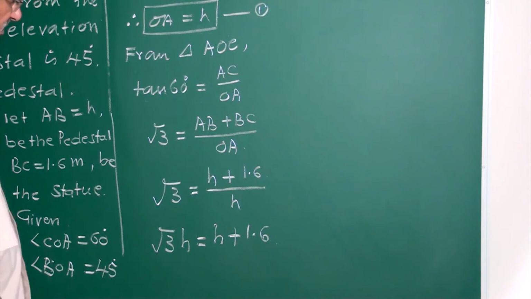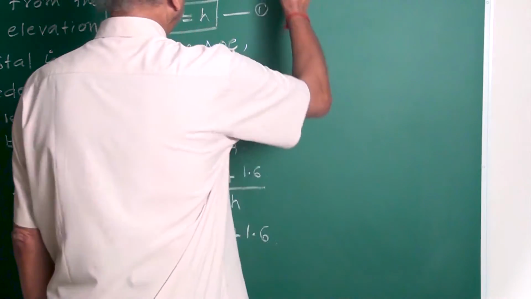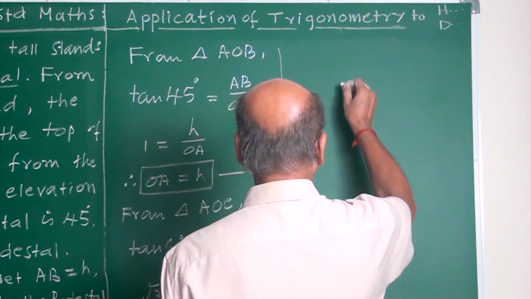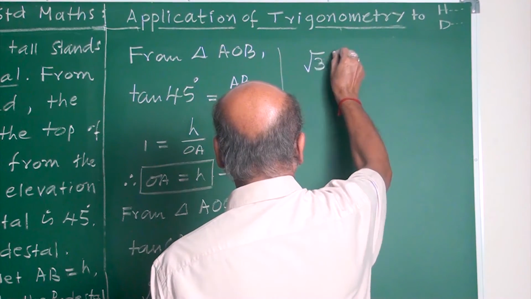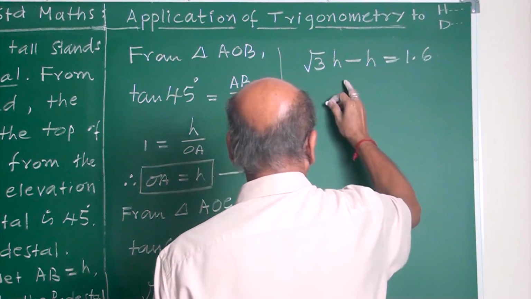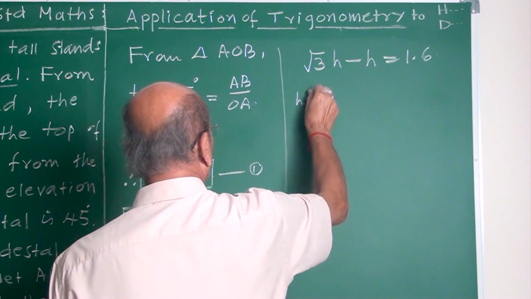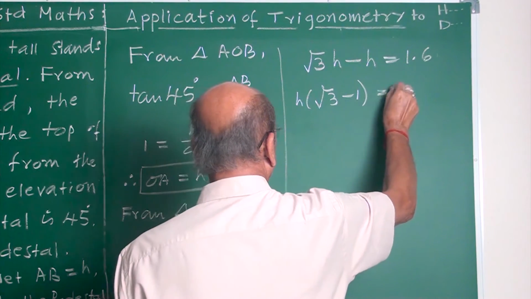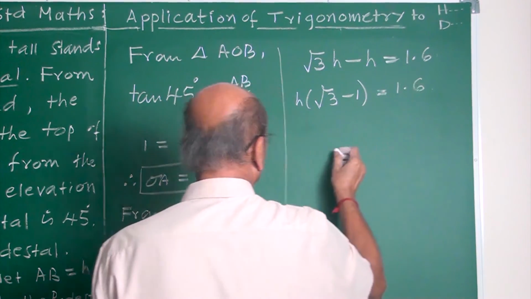Bring H this side. So this is root 3 into H minus H is 1.6. Yes, H is common. It is root 3 minus 1, into H, equal to 1.6.